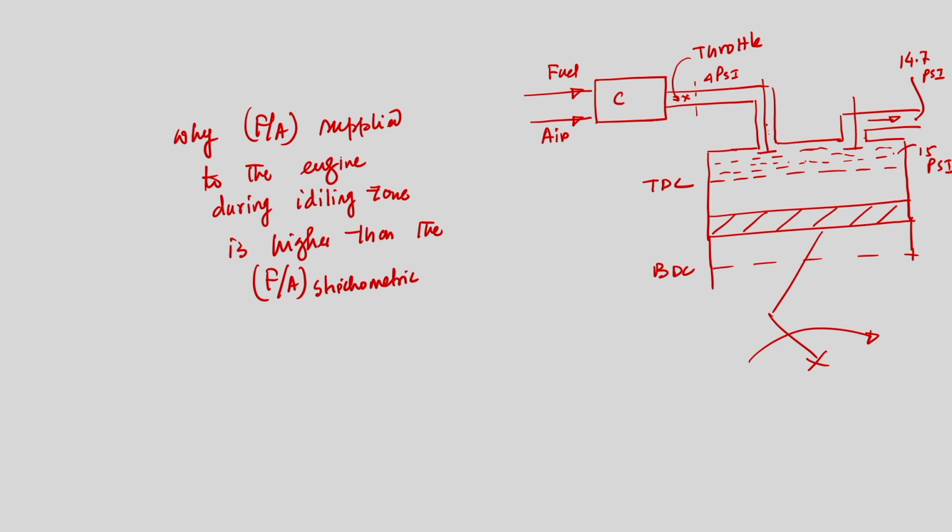The moment the piston starts traveling from TDC to BDC and the intake valve opens, the combustion gas in the clearance volume will try to rush towards the throttle valve, because the throttle valve is creating a huge pressure difference and the gas pressure there is 4 psi. We are supposed to get fresh charge, air-fuel mixture, during the intake stroke when the piston starts traveling from TDC to BDC and the intake valve opens.